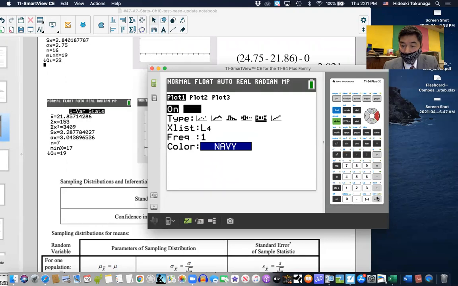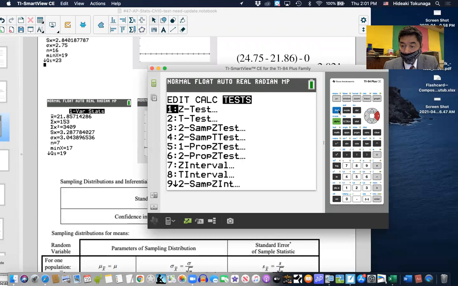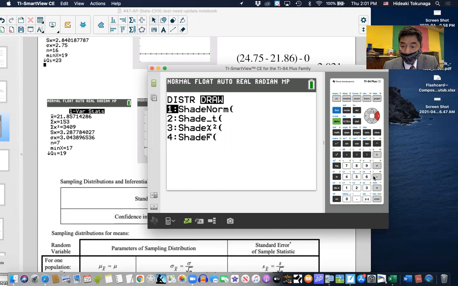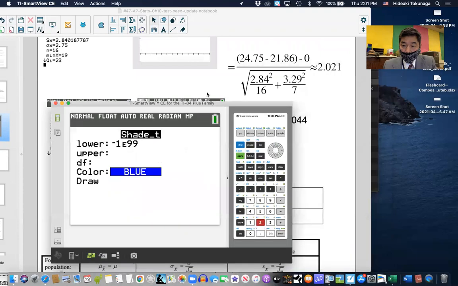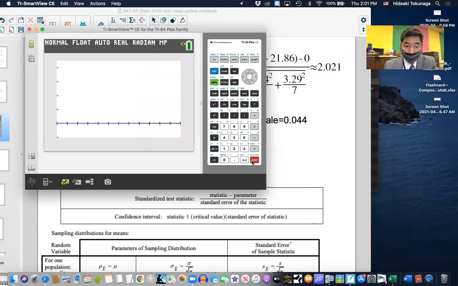Test, second, draw, 2.021, 99, 6. Draw. It doesn't show, huh?